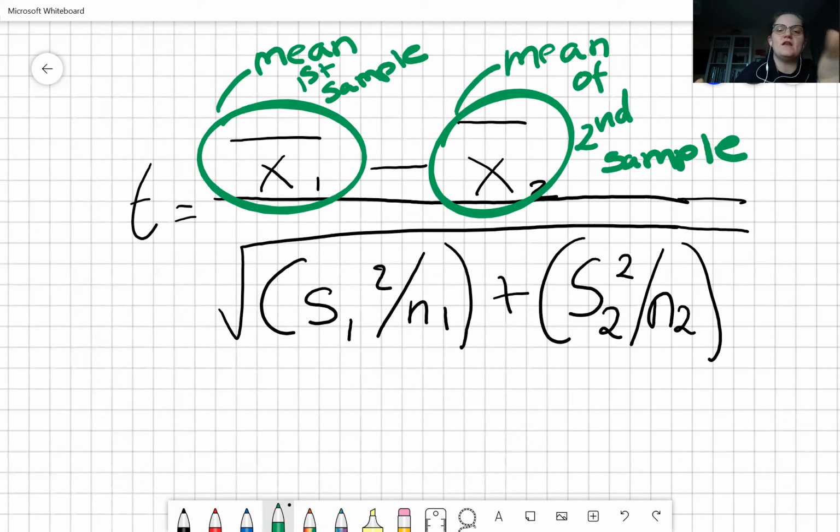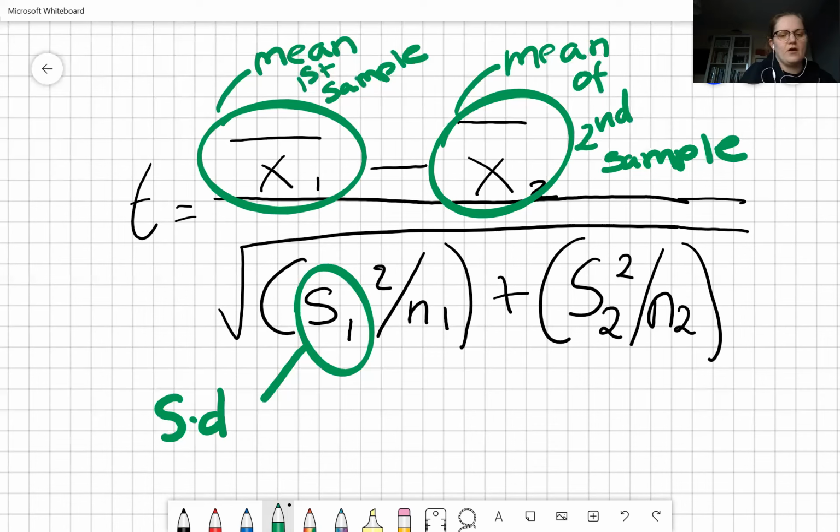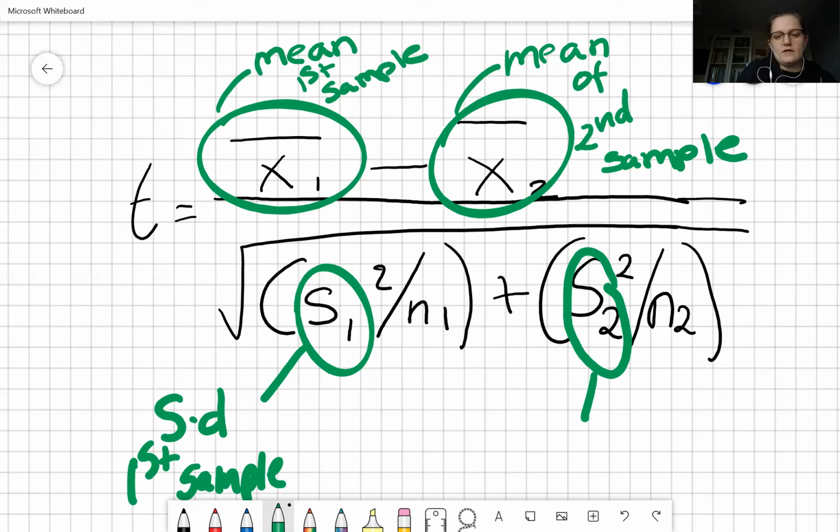So you're going to take away the mean of the first sample from the mean of the second sample. S1 here is your standard deviation of your first sample. S2 is going to be your standard deviation of your second sample.